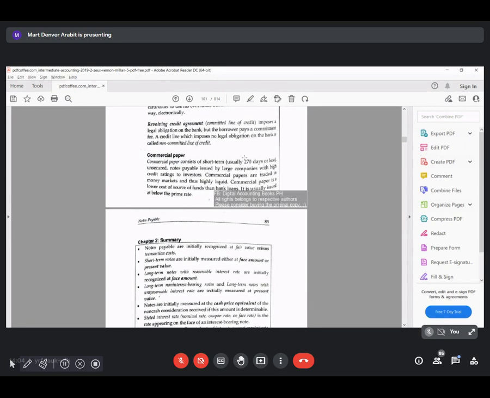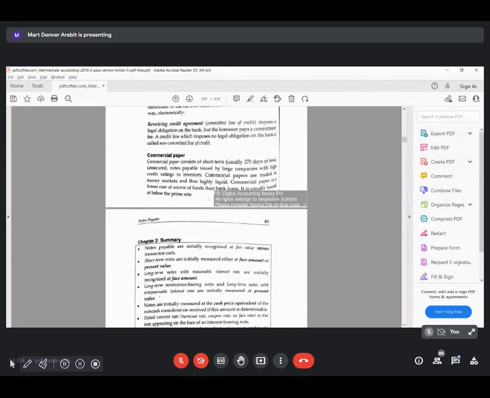But if it will take 270 days para ma-encash, it is not quick asset anymore. Okay, so commercial papers are traded in money markets. Yes, ito na nga yun, yung mga stock market, yung mga index funds, which are highly liquid. Okay, but again, we consider it highly liquid if it is convertible to cash within 90 days.